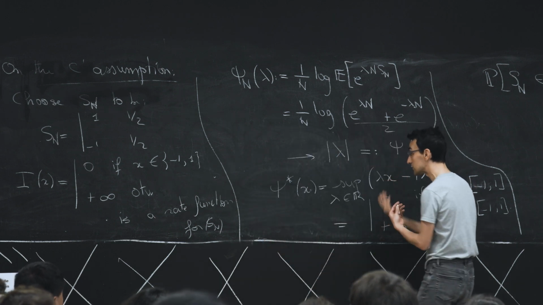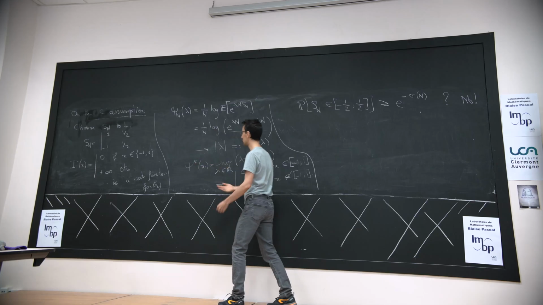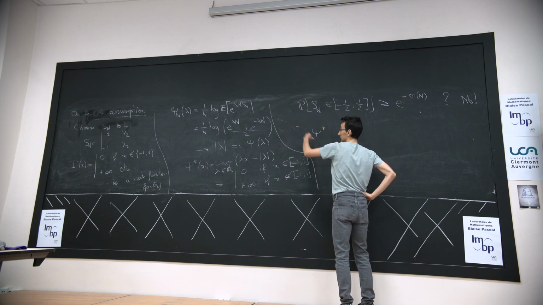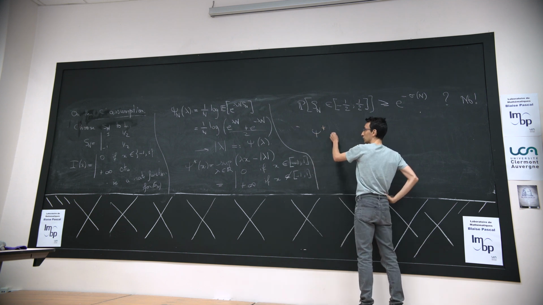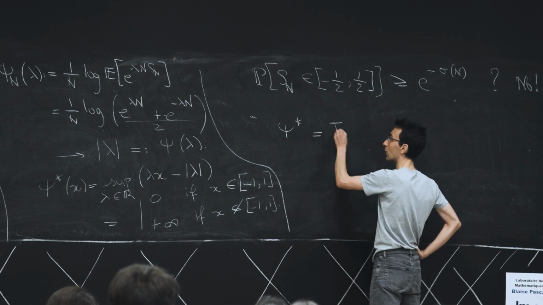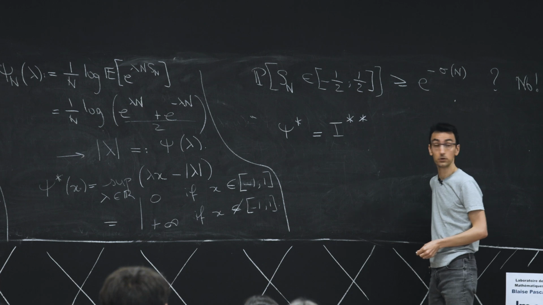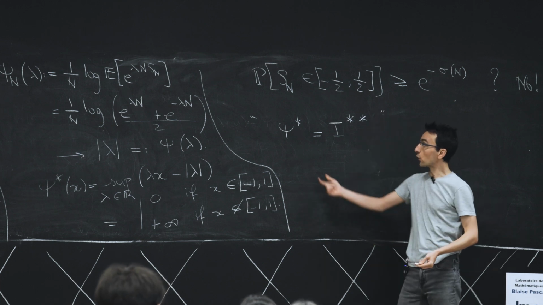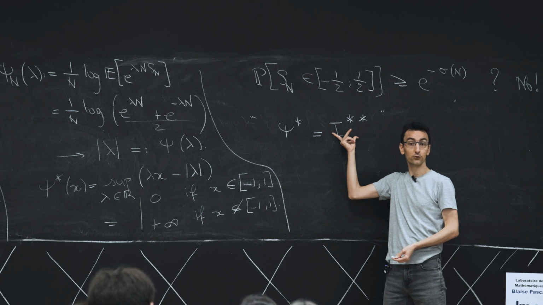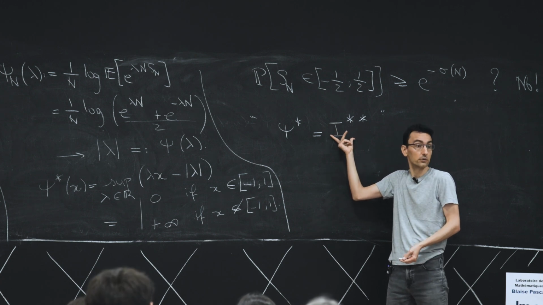And so in general, this is a bit of an informal discussion, but when you compute psi and then the convex dual, what you're going to recover in general is the biconjugate of the rate function. And then you hope for a criterion that guarantees that you don't just get the biconjugate, but you get the rate function.